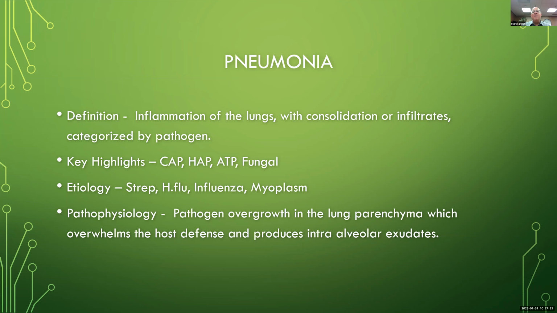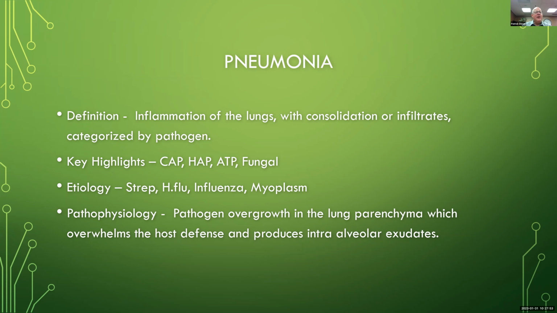Typically, the pneumonia is going to be described by the pathogen. A lot of times in the community, we'll hear it as HAP, hospital-acquired pneumonia, under our key highlights here. CAP, community-acquired pneumonia, okay? Fungal, okay?